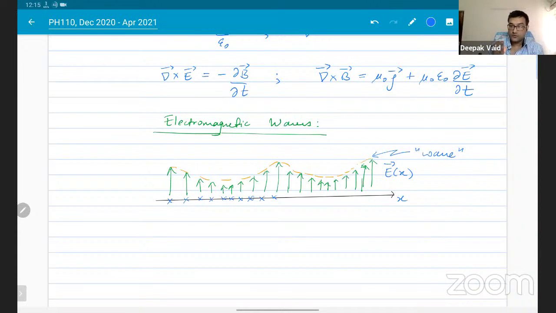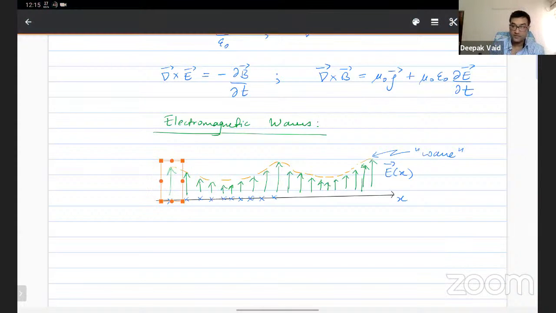So the arrows should not make you think that I'm drawing the electric field as being extended into space in that direction. It's a vector at that point, but it's not a vector in space, right?